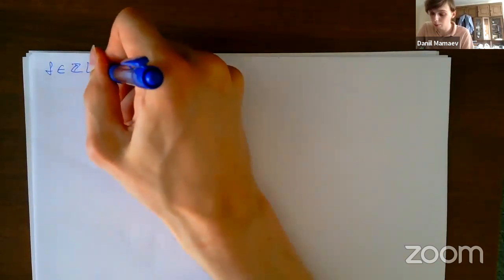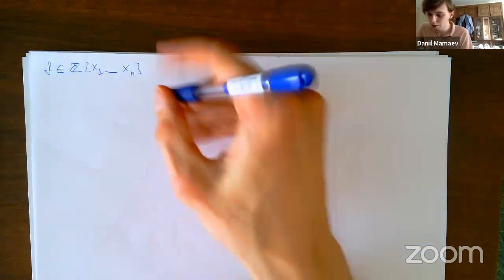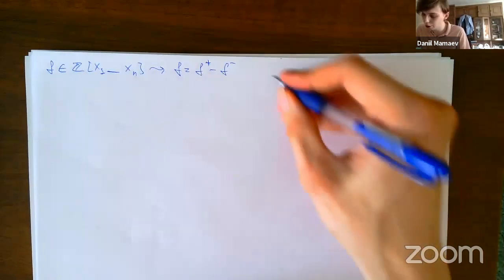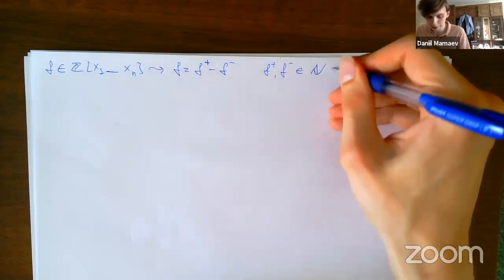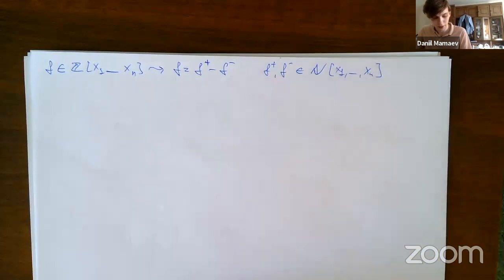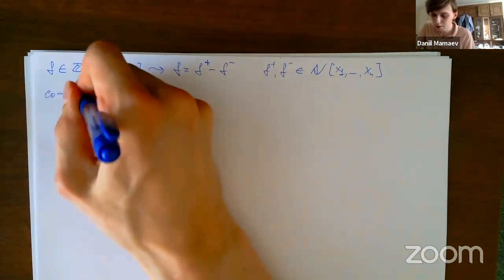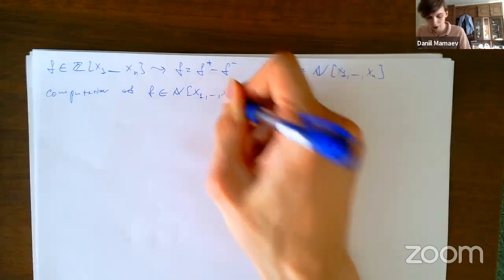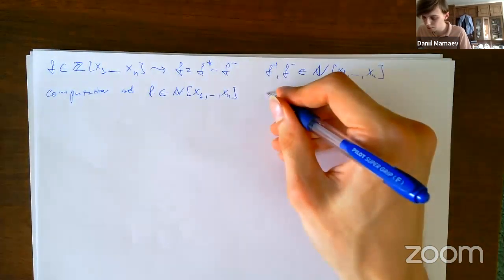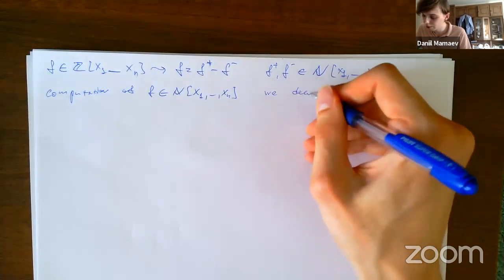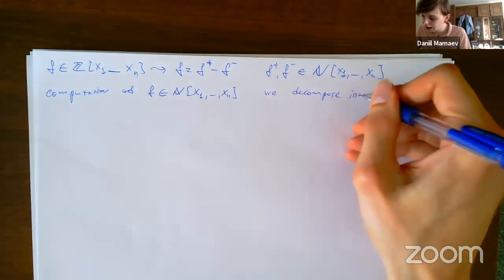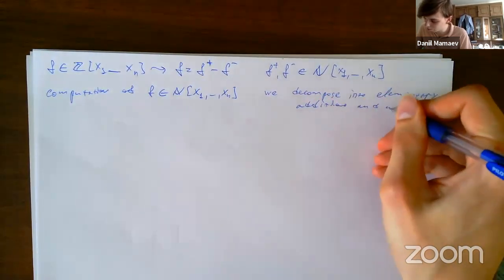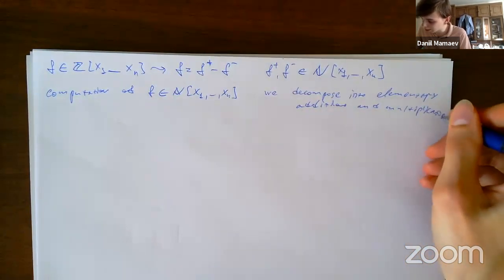So we have some polynomial, and we decompose it into a difference of two polynomials with positive integer coefficients, and a computation of such a polynomial we decompose into elementary additions and multiplications.